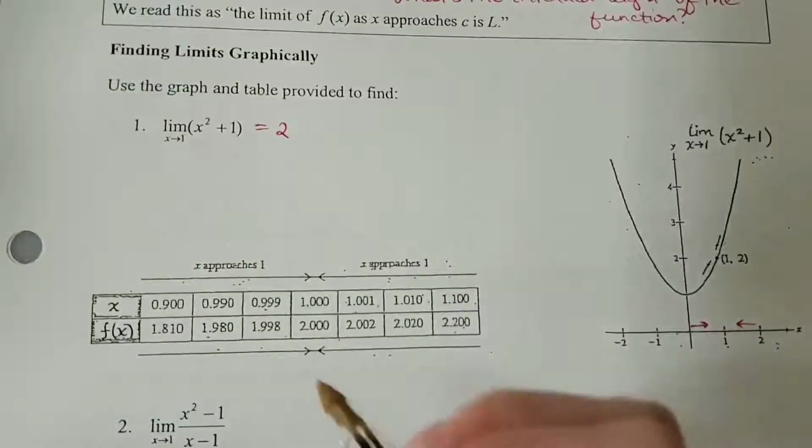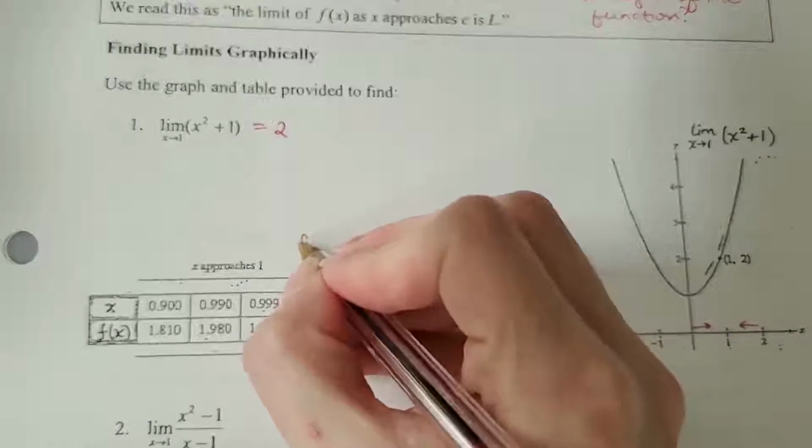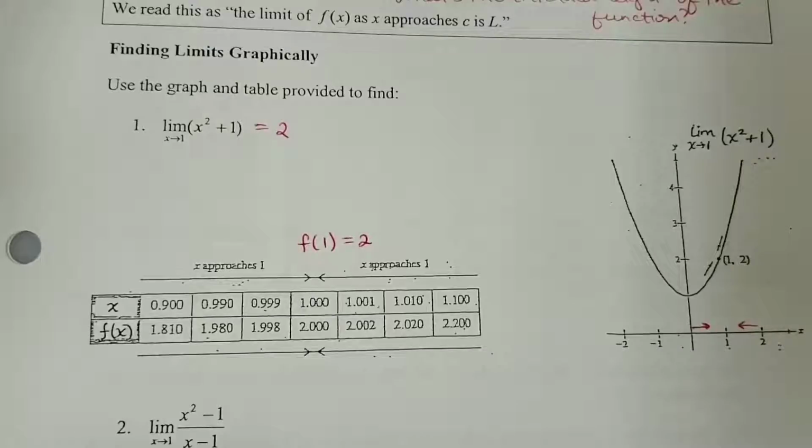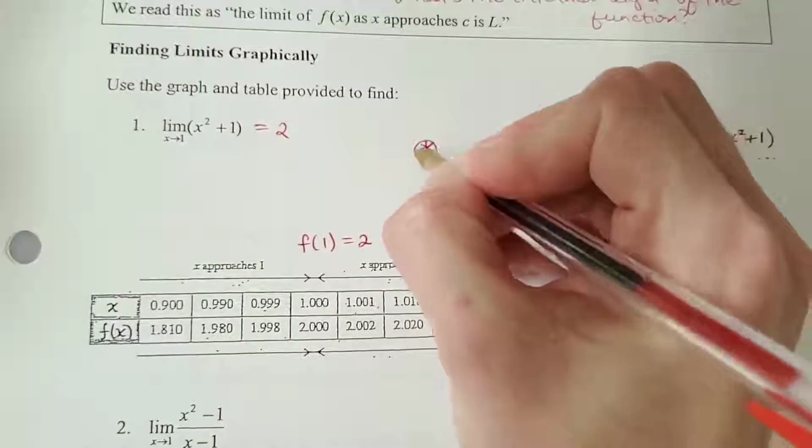Now notice the value of the function, f of 1, is also 2. That might be the case, but the value doesn't determine what the limit is. Okay, so I'm just going to make a note here.